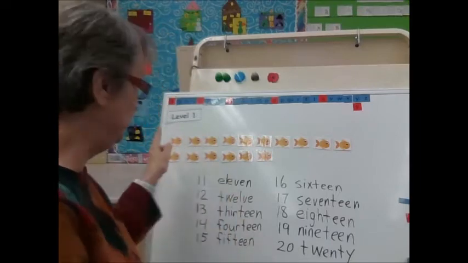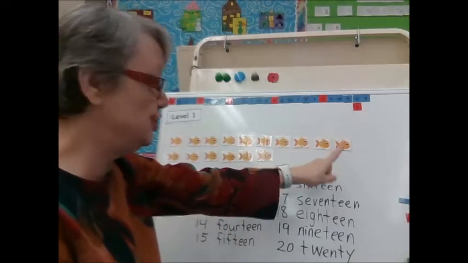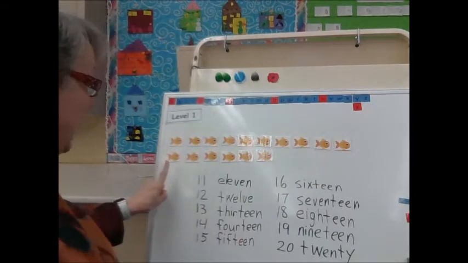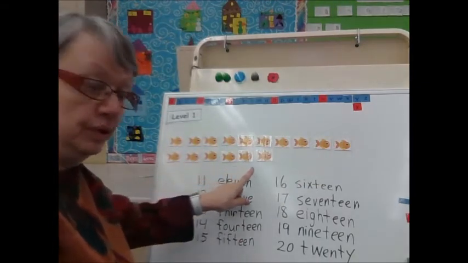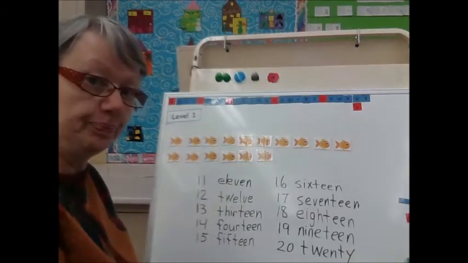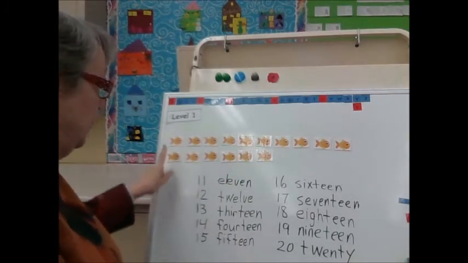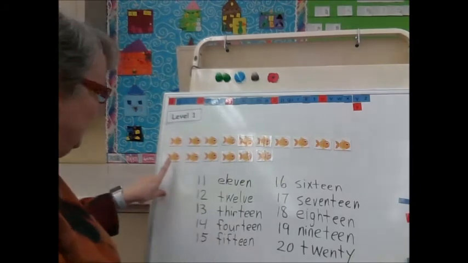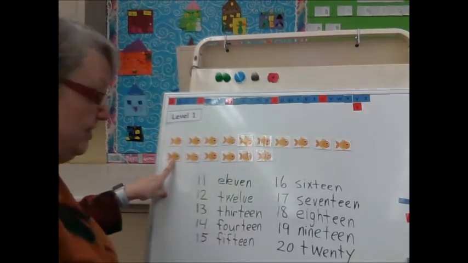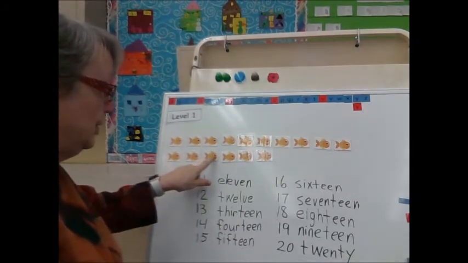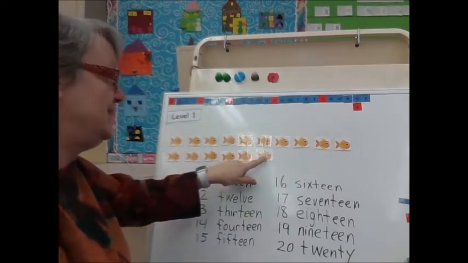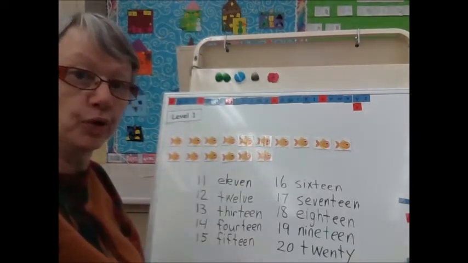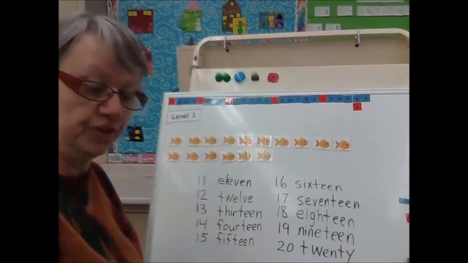So I don't need to count each one. I can just start at the number 10 and then count up to count how many altogether, all right? So 10, and then after 10, 11, 12, 13, 14, 15, and 16. So there are 16 fish altogether.